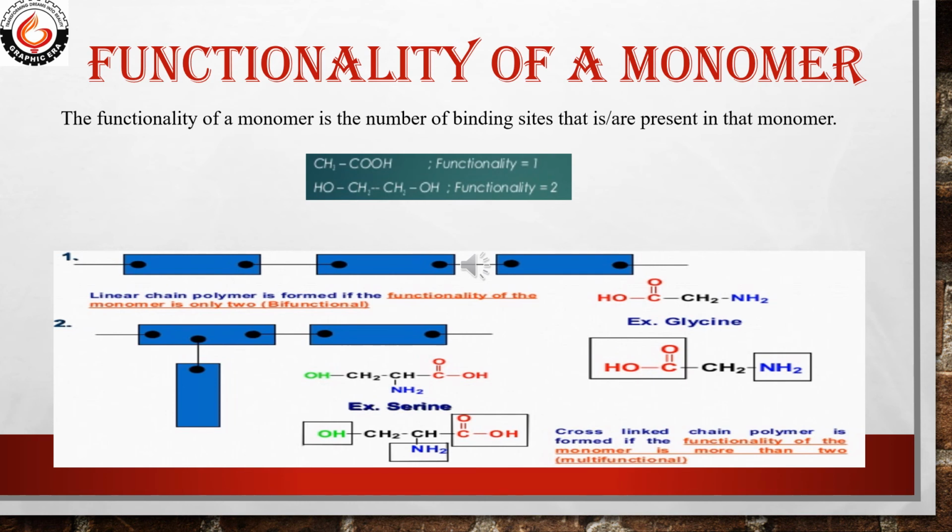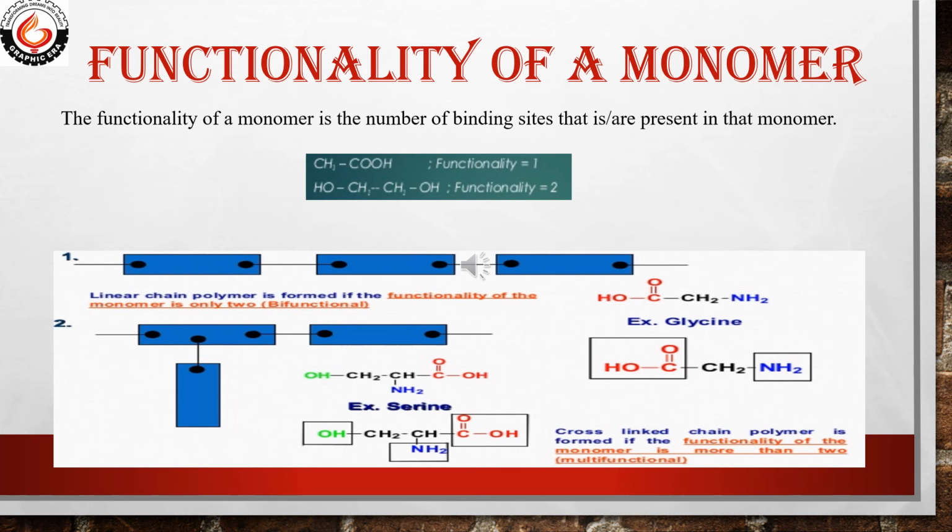In the first example, glycine has two binding sites, or you can say two functionalities, which are shown by the boxes: C double bond O, OH and NH2. These two are functional groups, so the functionality of glycine is 2. If the functionality is 2, this type of monomer is able to form linear chain polymers only.